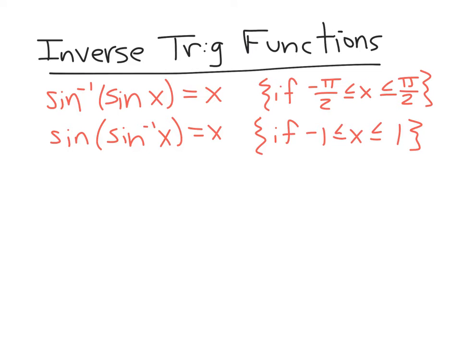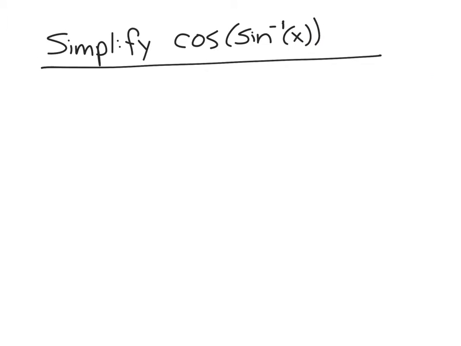Now, the next thing we want to look at is how we can do a specific example of figuring out cosine of inverse sine. And that's something that we're going to use, along with just the general understanding of what it means for sine to be an inverse trig function, and to understand the domains of what we're talking about. We're going to get into a specific example that'll be very useful.